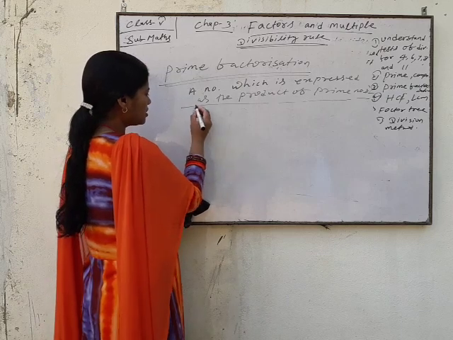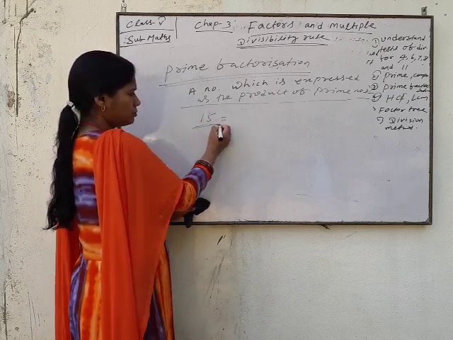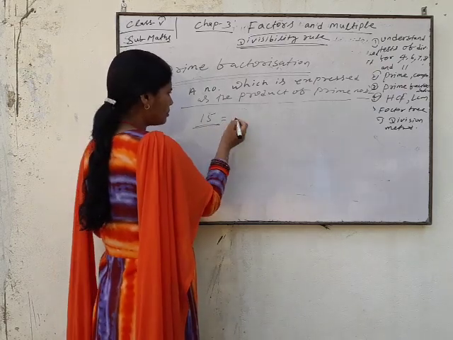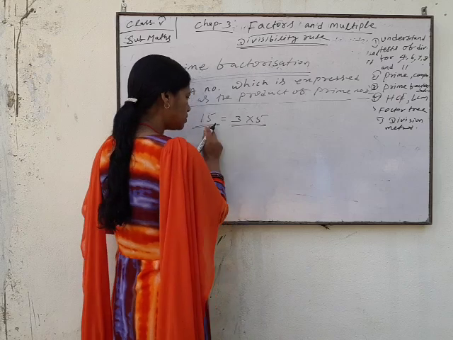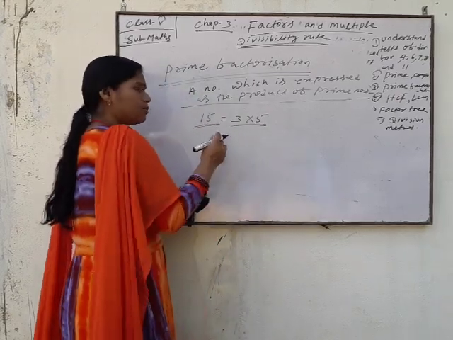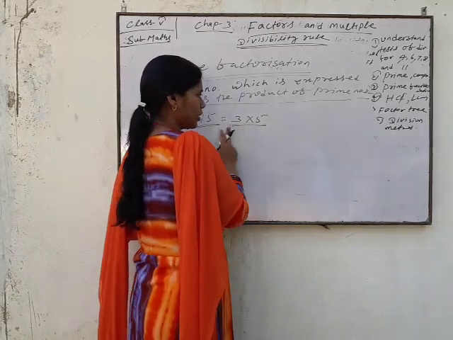So one example, suppose that your number is 15. What is the expression? Prime factors, just 3 into 5. 15 is the product of 2 prime numbers, 3 into 5. So this is prime factorization.